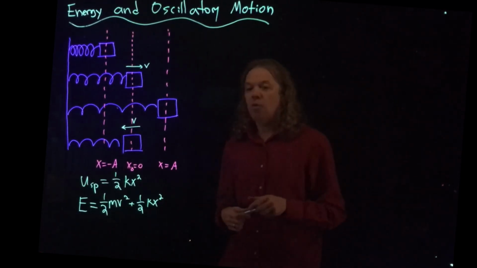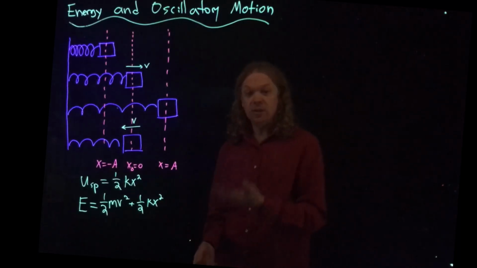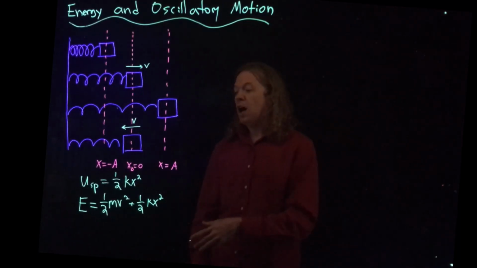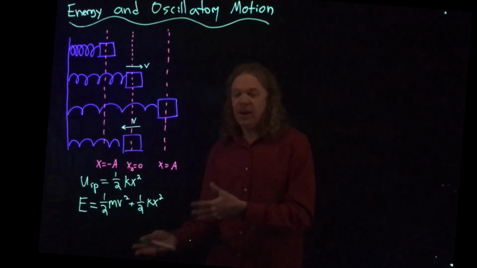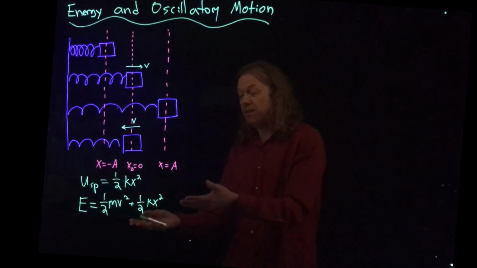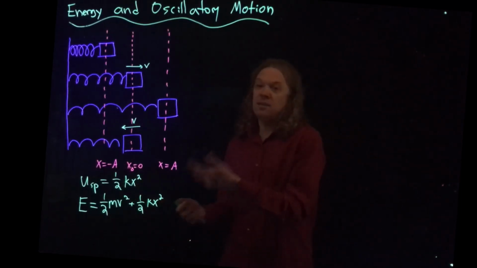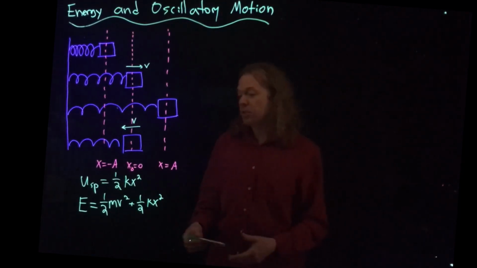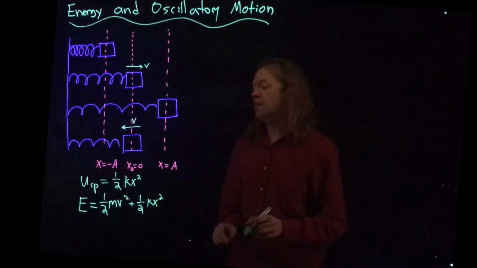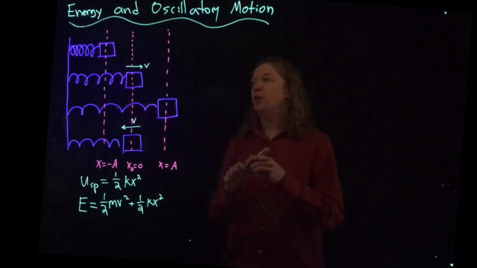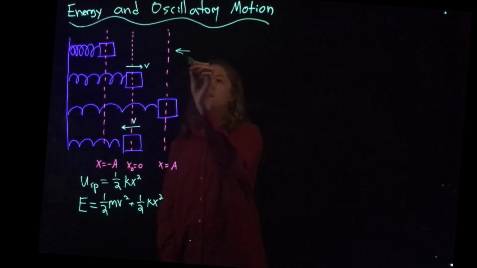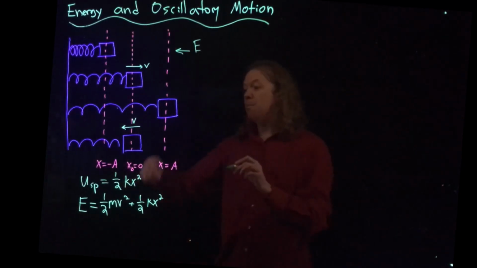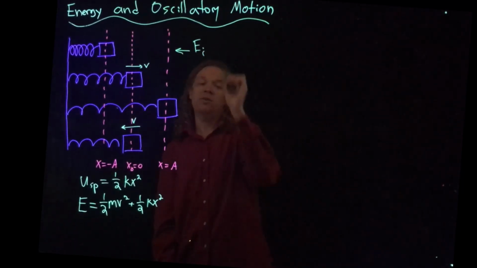Let's notice something we can learn from that equation. We can pick our initial and final energies to be interesting things, and then figure out what's happening as the system moves between its initial and final states. Let's pick the initial position to be right here, when it is at its maximum negative position, and call that initial.